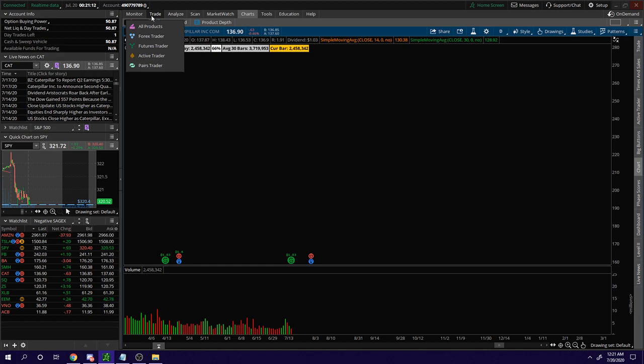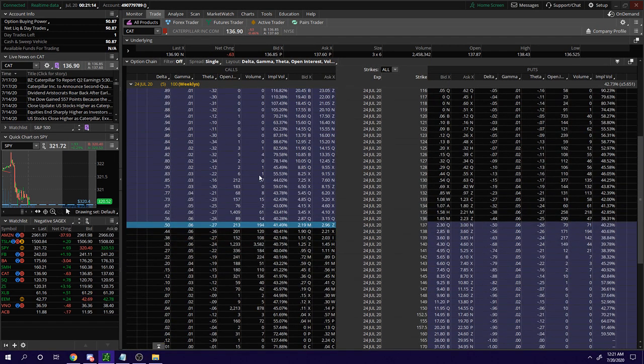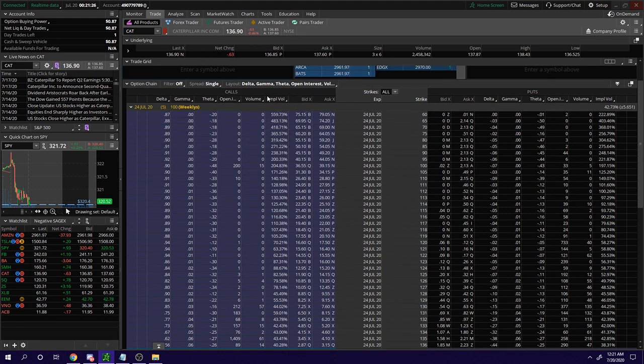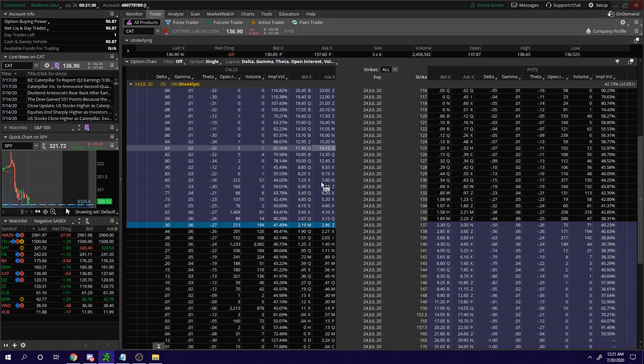So back to delta, back to the actual options chain. This looks like Chinese to a lot of people, which I understand. But if you just take the time to look at each column independently, it's not so bad. Bid, ask, this is the price of the contract.